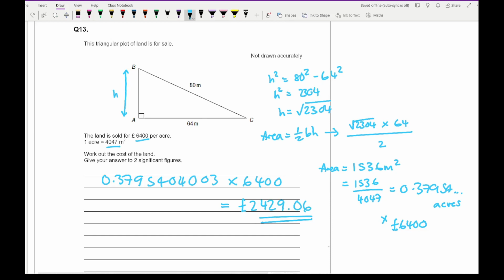Now the reason why I use the exact value is just because I want to give my answer as accurate as possible, but I've just noticed that they want the answer to 2 significant figures. So that rounded to 2 significant figures, which is going to be to the nearest 100, is going to be 2,400, and that there is 2SF, not 3. Let me just finish by writing that.